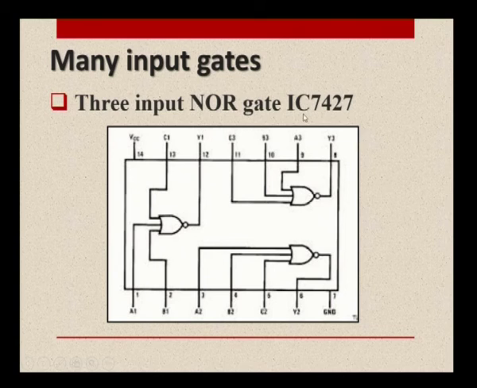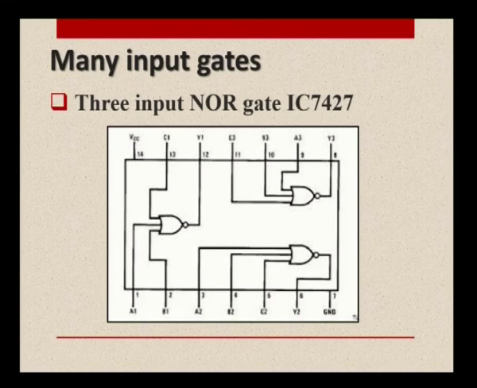So, this IC is IC 7427 which accommodates the 3 input NOR gate. If you could recall, in the normal 14 pin IC 74 series, if the inputs are 2, we could have 4 gates that we have seen in one of the earlier lectures.